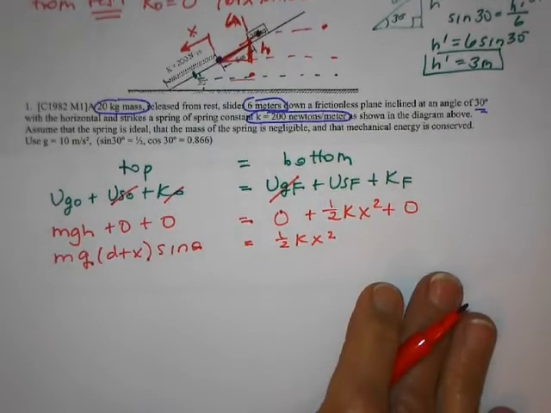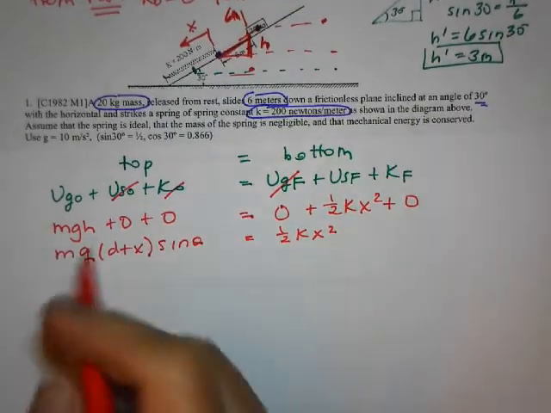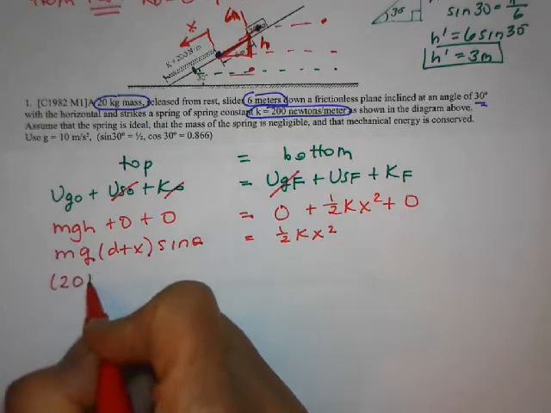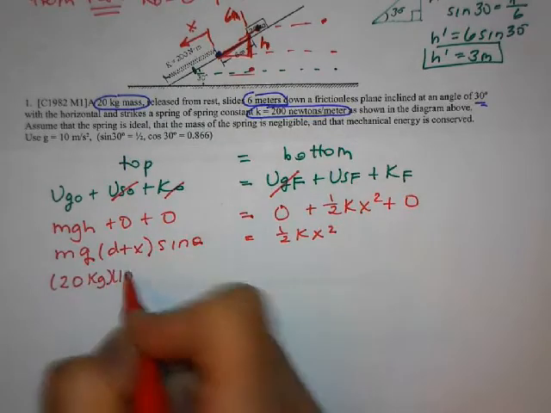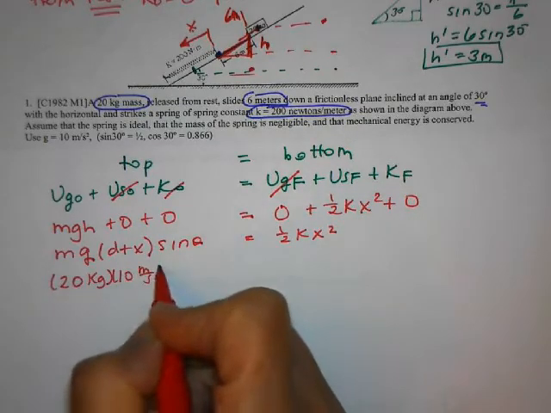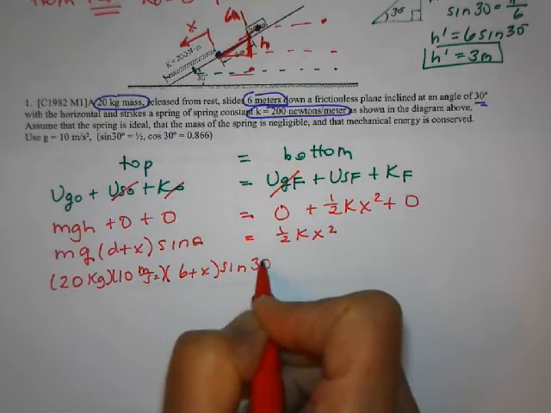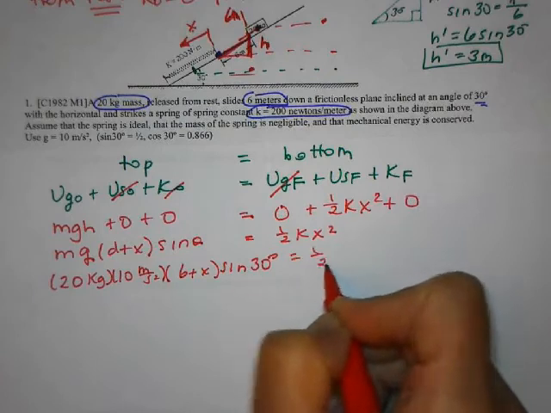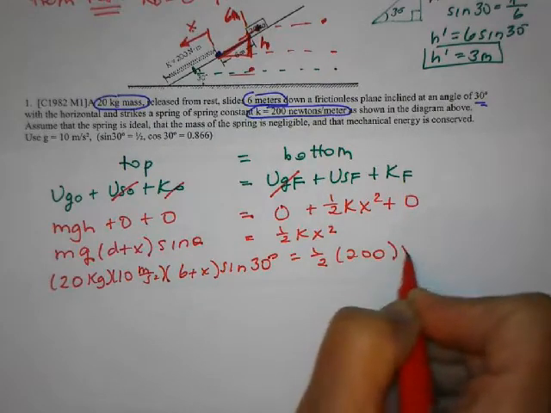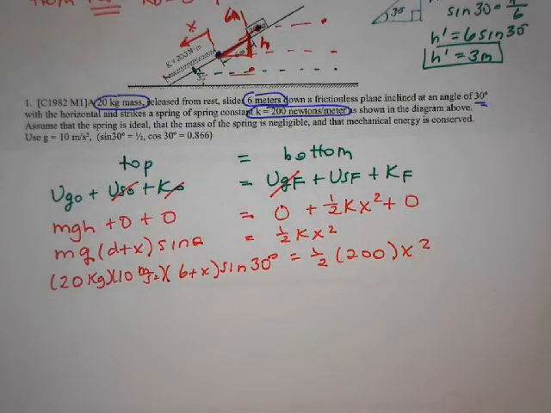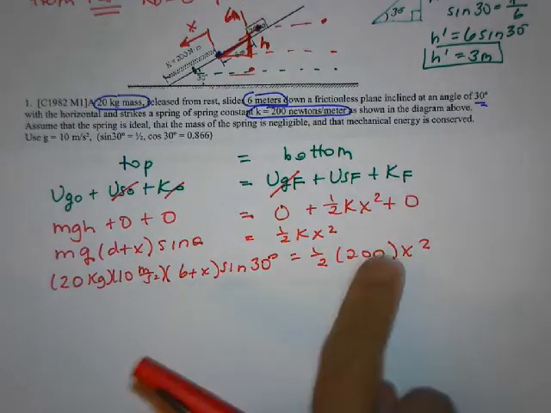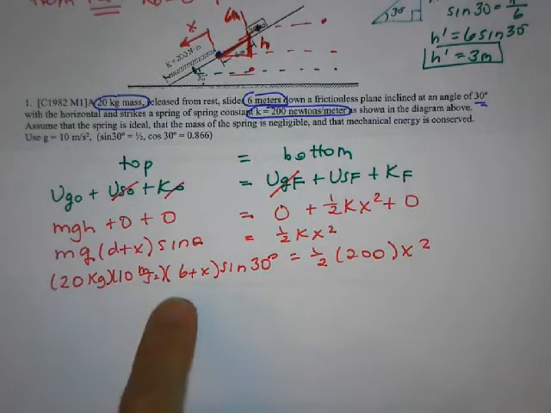So now when I simplify this or substitute in my values, I'm going to have 20 kilograms times 10 meters per second squared times 6 plus x times the sine of 30 is equal to 1/2 200 times x squared. Now looking at this, even after I multiply all this out, I'm going to have an x and an x squared.